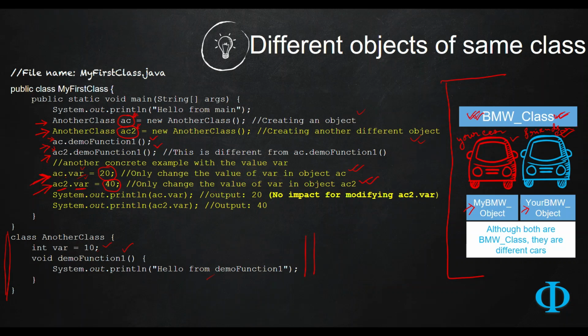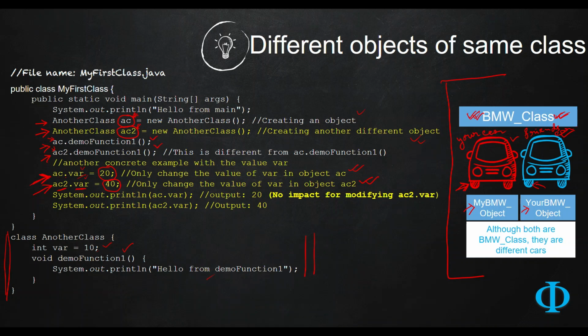Although they are both the same var, they are actually different because the object is totally different. It is just like the fact that in your BMW you got a flat tire issue, but in your friend's car the tire is perfectly all right.